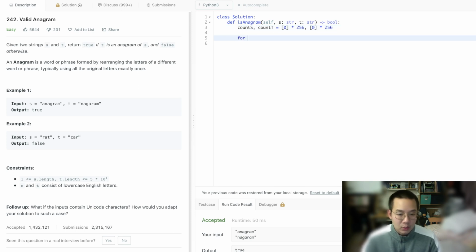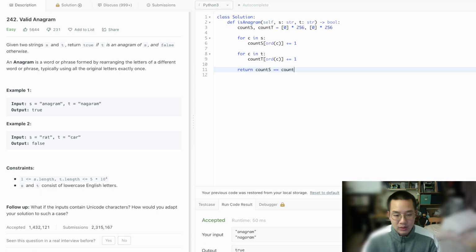So for c in s, count s at ord of c plus equals 1. For c in t, count t at ord of c plus equals 1. And then we can return count s equals count t.